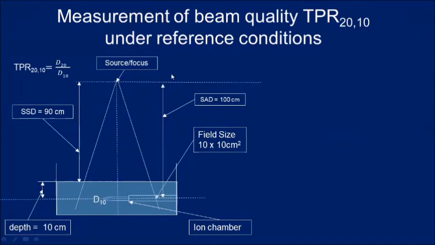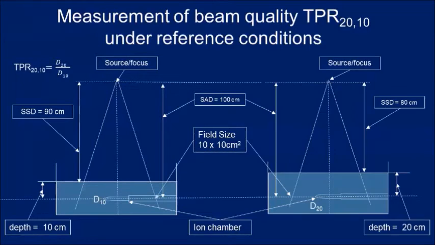So the distance from the source to the chamber is now 100 centimeters, right? SAD is 100 centimeter. You measure at a depth of 10 centimeter, you get D10. Now you don't touch the chamber, but increase the level of water by another 10 centimeter. So now the depth becomes 20 centimeter, your SSD becomes 80 centimeter, but SAD remains 100 centimeter.